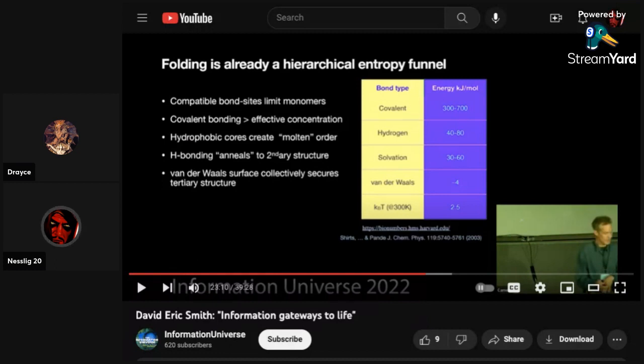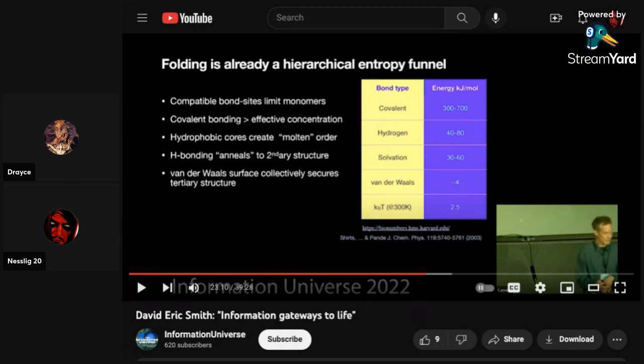So how can it find the right solution in a practically infinite number of different configurations? What this is showing is that you have many different forces that will step-by-step find the right solution very quickly, because it rejects the entropy in each step.